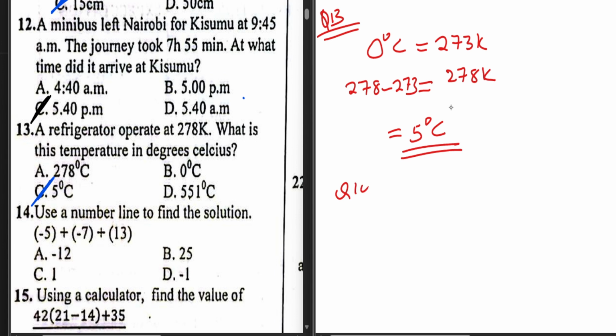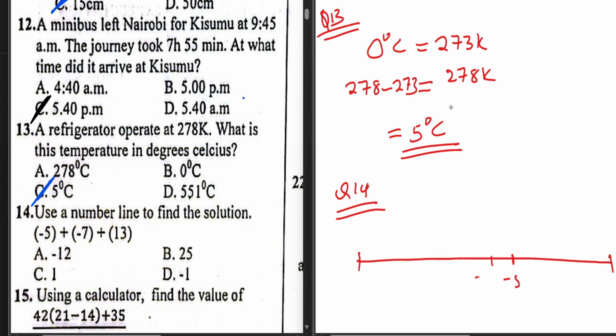Question 14. Use a number line to find the solution. Let me draw the number line. Minus 5 plus minus 7 plus 13. This is a very lengthy process, but let's just write it.